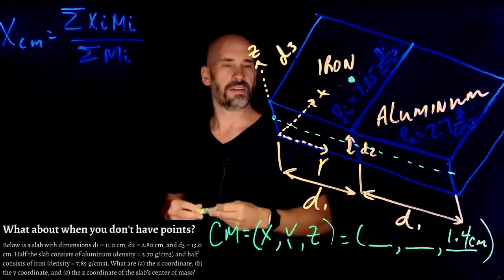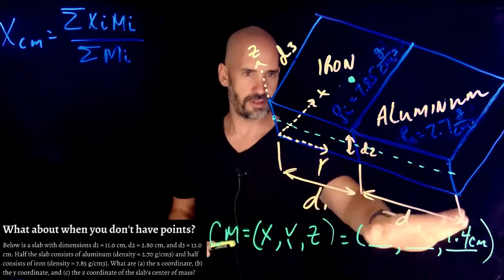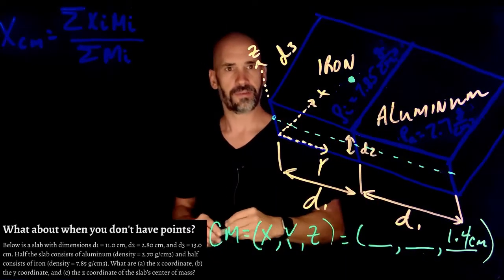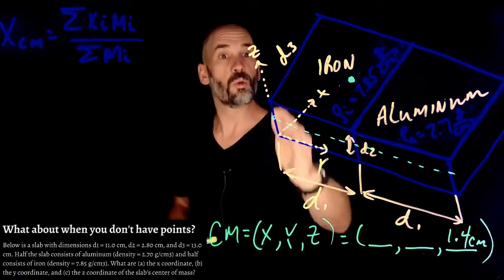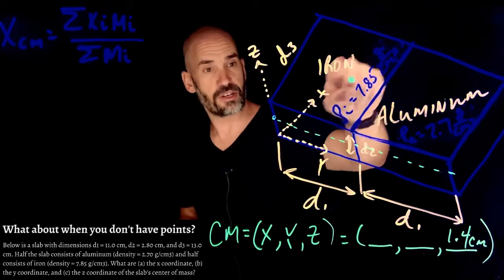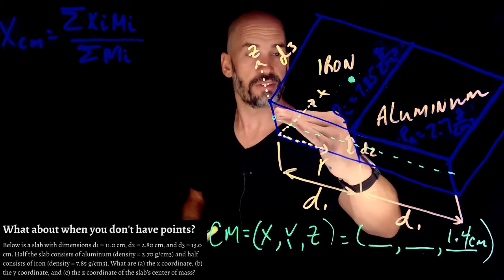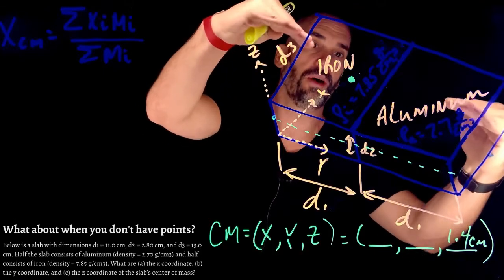Because we're just finding a coordinate, we don't have to worry about SI units. We can have it be in centimeters if we want, as long as we make sure our density is also in centimeters. Now, same thing with X. If this is the X direction right here, there's no change in density, the same amount of iron and aluminum the whole way down.